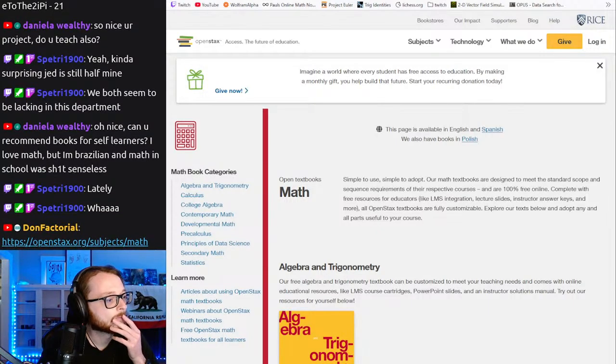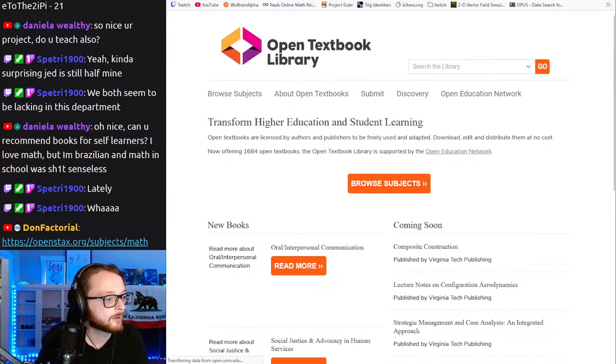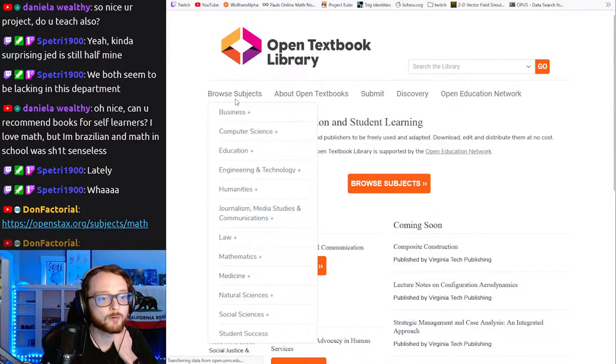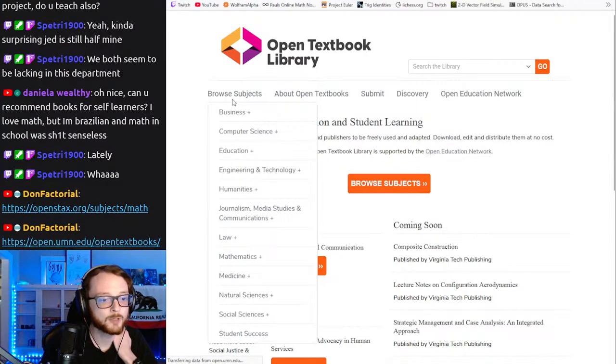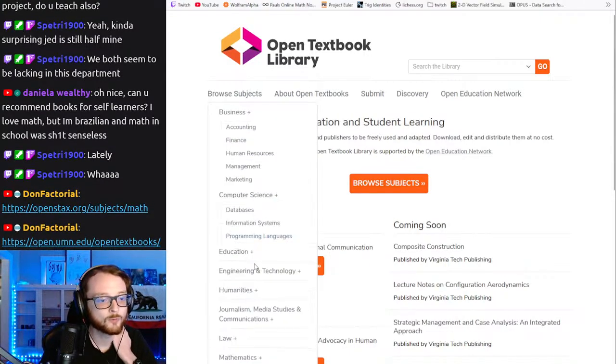If you want more advanced books, this website right here has actual university textbooks that are free and legal to use, which is great.